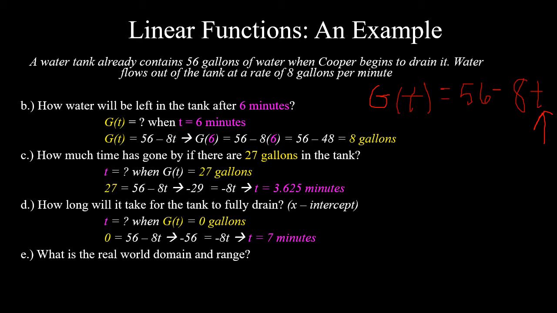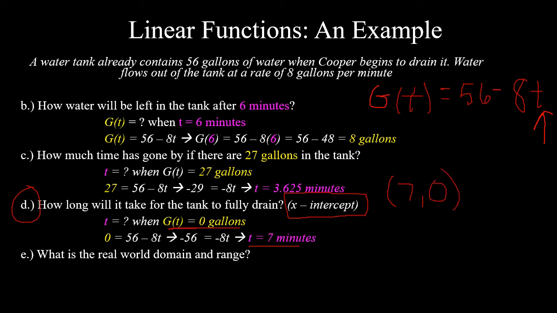Now, you might have realized that you might not have, but that's actually the x-intercept, right? We always write ordered pairs, input, output, right? Let's write the ordered pair for what we just saw in letter D. Our input is t, which is 7, and the output is g of t, which is 0.